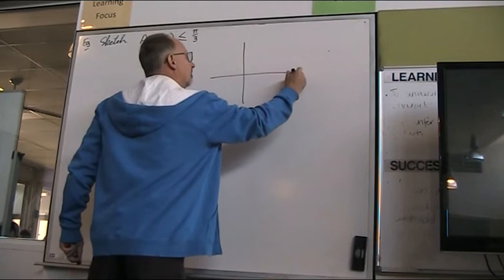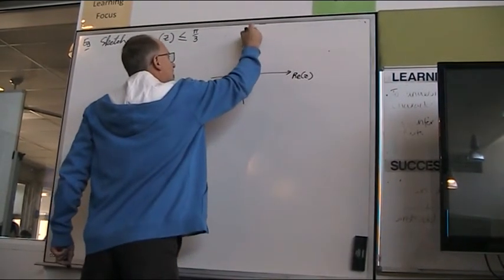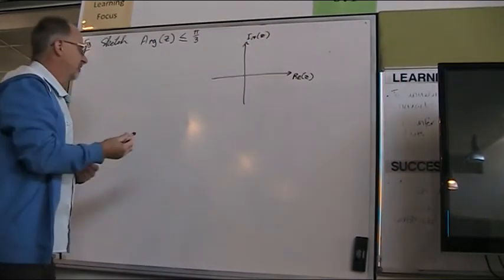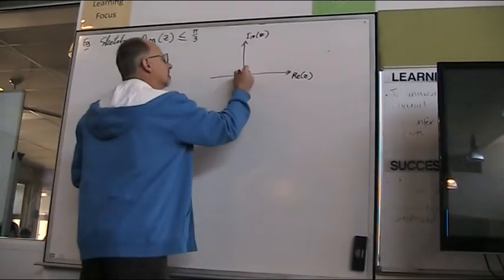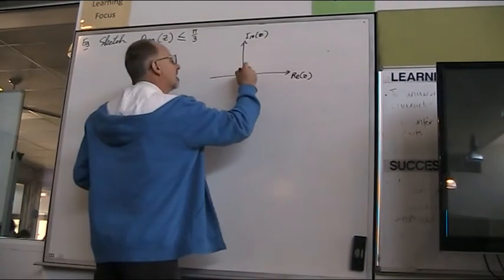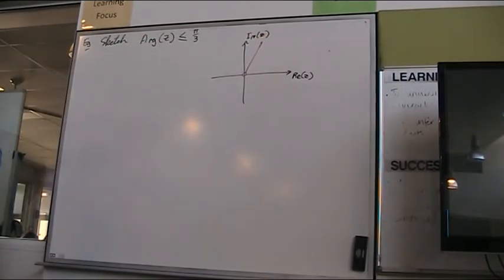So here's our real part of Z. Here's our imaginary part of Z. And we've got no translations, so it's there. Pi on 3 is there. And we're interested in any angle that's less than that.